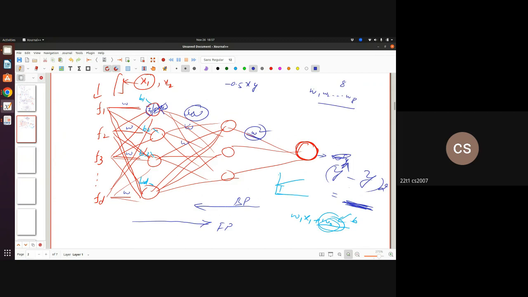So basically, if there is no activation, what we are eventually doing is there's some weight, F1 into some weight, and then F2 into some weight, F3 into some weight, F4 into some weight, and we get Z1. And then Z1 is passed here, and then some weight is further multiplied with that Z1.